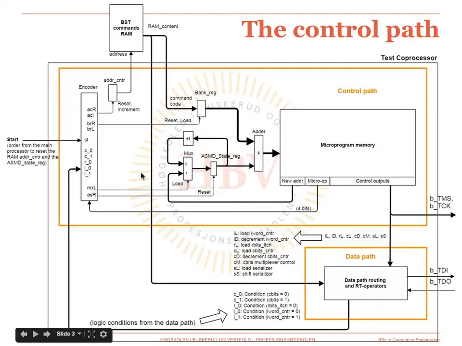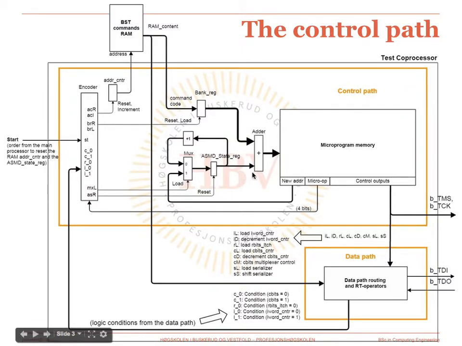Then the remaining part of this architecture will increment the microprogram memory address through the ASMD state register block and its incrementer block as we progress through the command ASMD chart states.